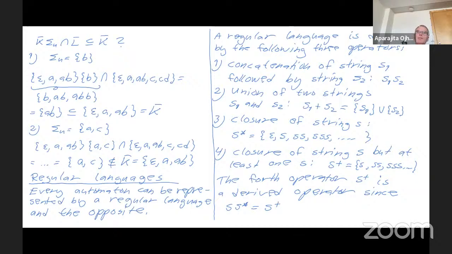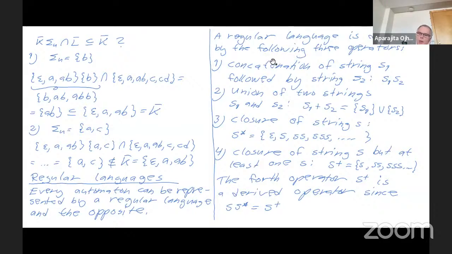If you have an expression in a regular language, you can always transform that to an automaton. And if you have an automaton, you can always transform that to a regular language. So that's why this is specifically important. A regular language is defined by 3 operators.